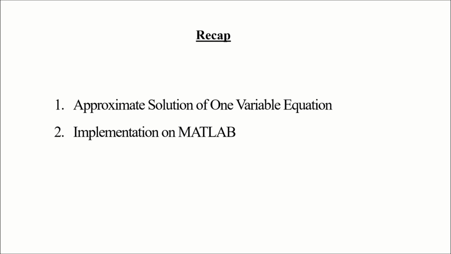After learning some of the basic commands of MATLAB, we have implemented the pseudocode of the bisection method that we derived in the lecture of the bisection method in MATLAB. And we have seen some of the commands that can help us in actually implementing that code.